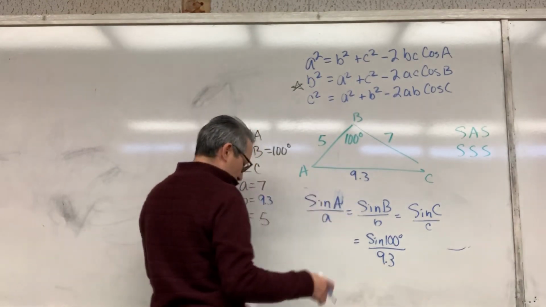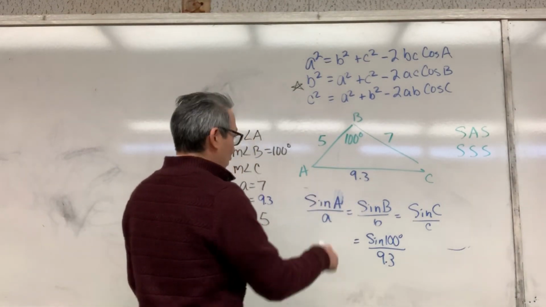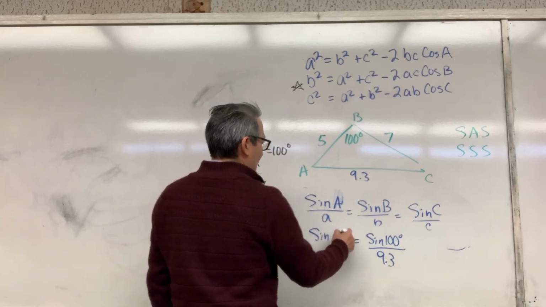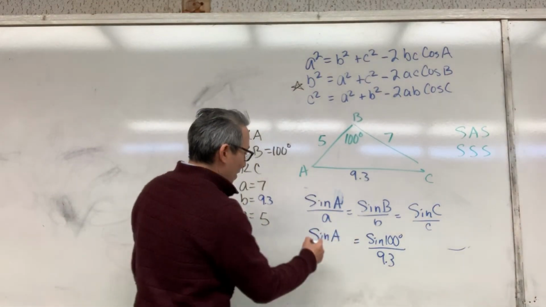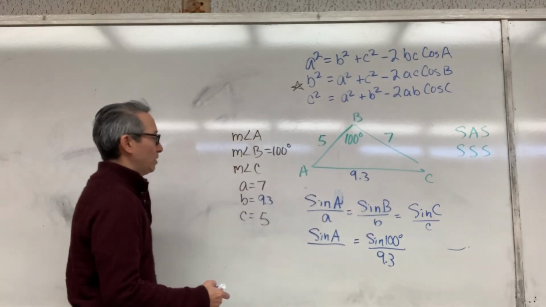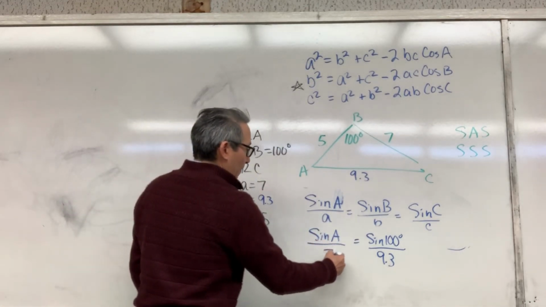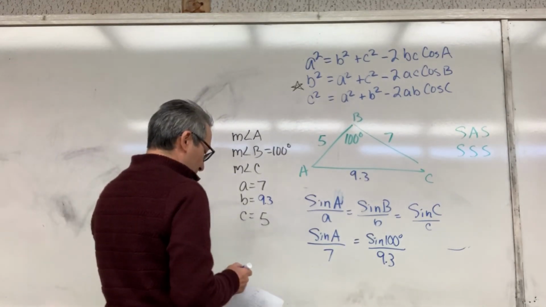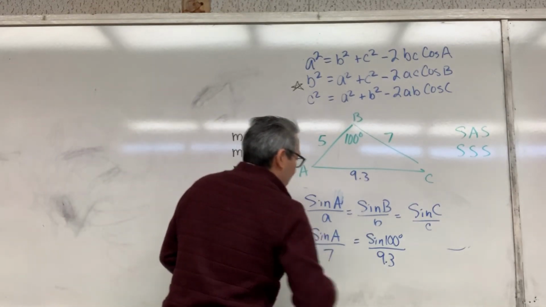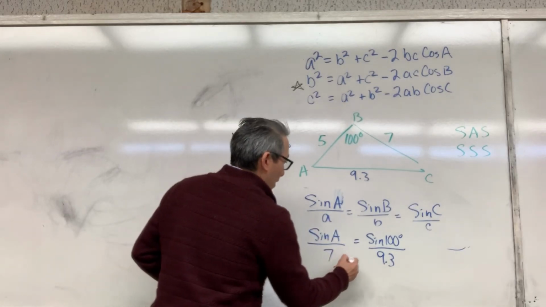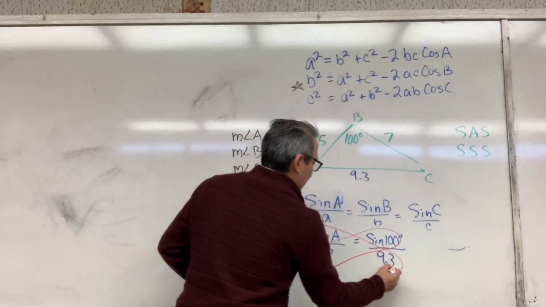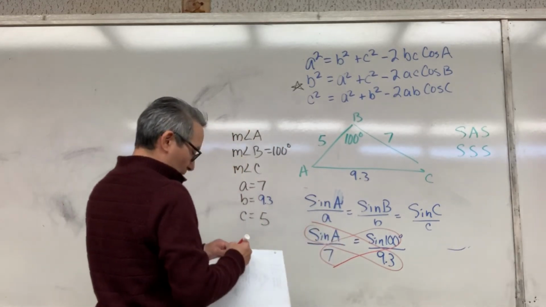So let's just pick A. Why don't we start with sine A. I can leave this as sine A, which is a mystery, but little a is not a mystery. Little a is 7, okay? Well, let's cross multiply here. We'll take the sine of 100 times 7 equals the sine of A times 9.3.